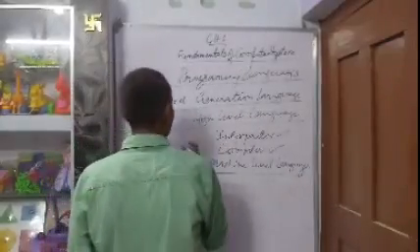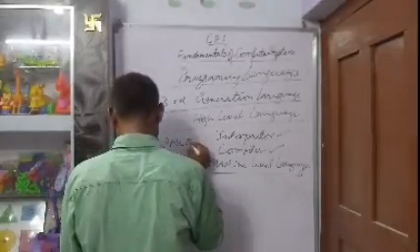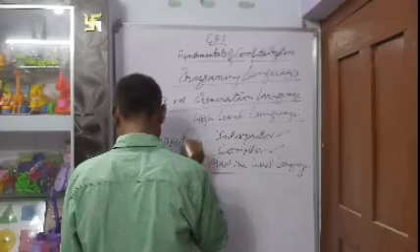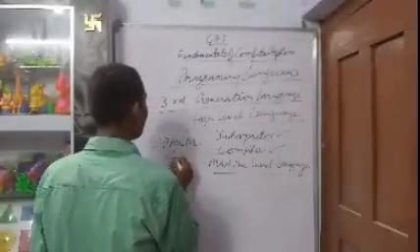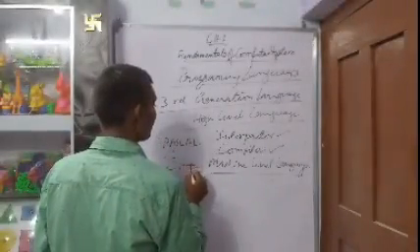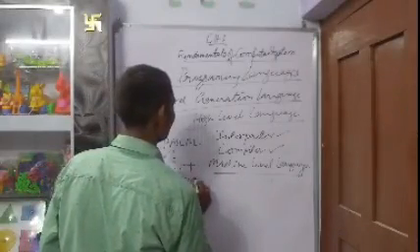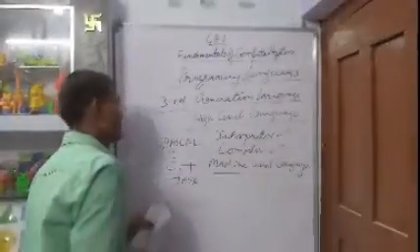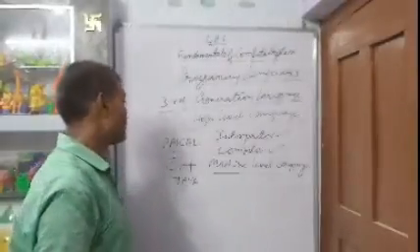Examples of the high level language are Pascal, C, C++, Java. So these are all the examples of the high level language.